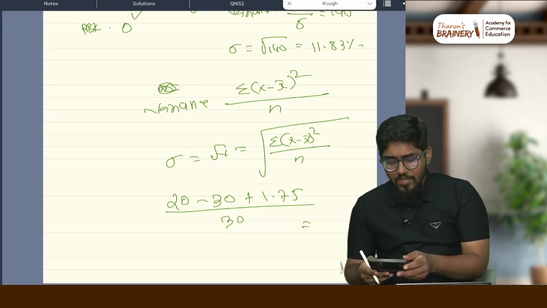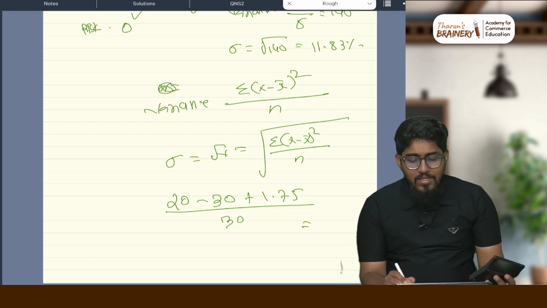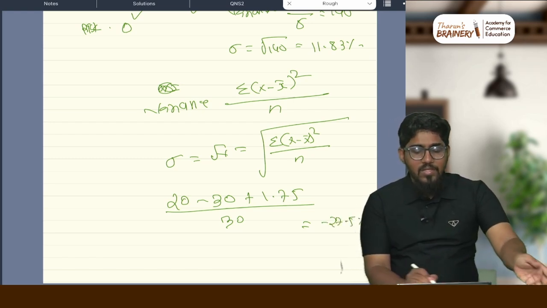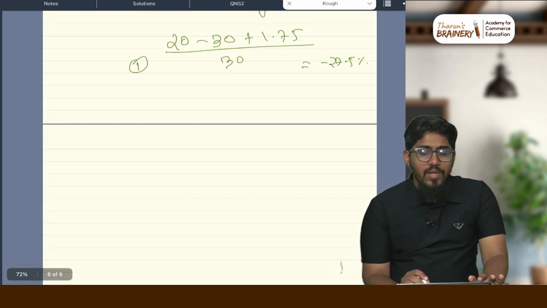So 20 minus 30 plus 1.75 divided by 30 into 100 is negative 27.5 percent. This is my year 1 return. Similarly, do for year 2, year 3, year 4 and year 5.